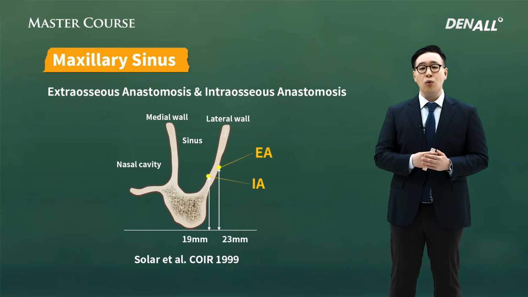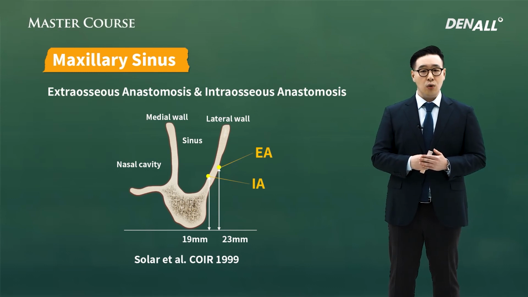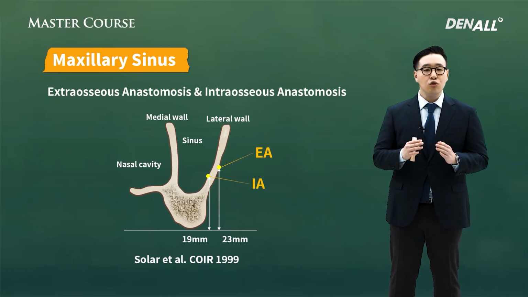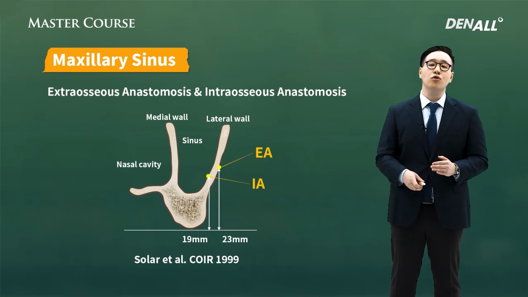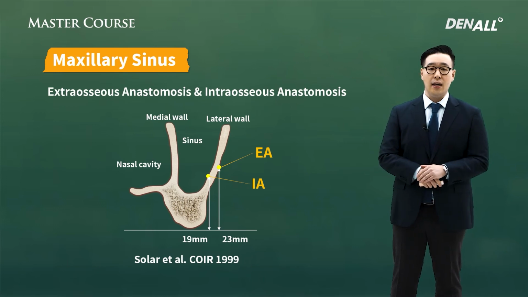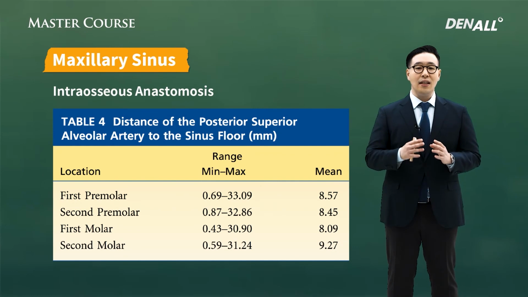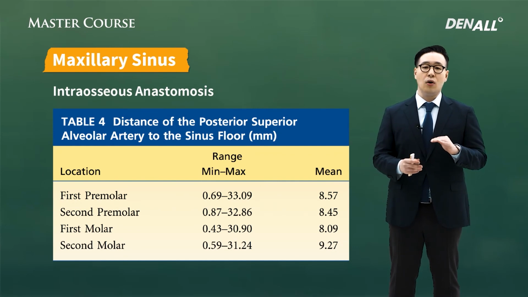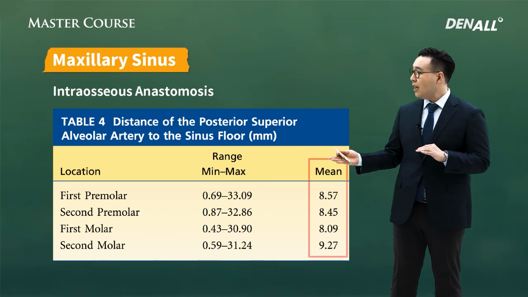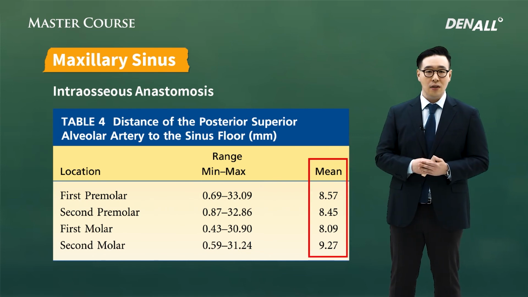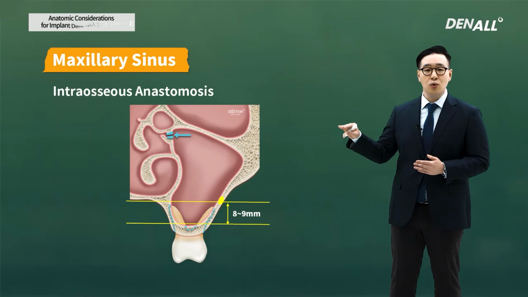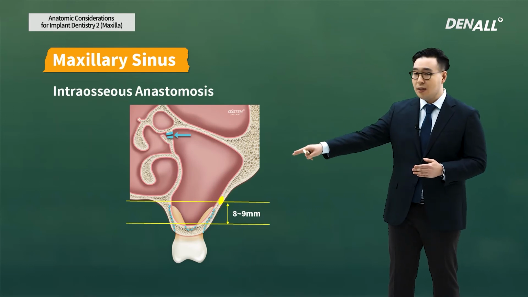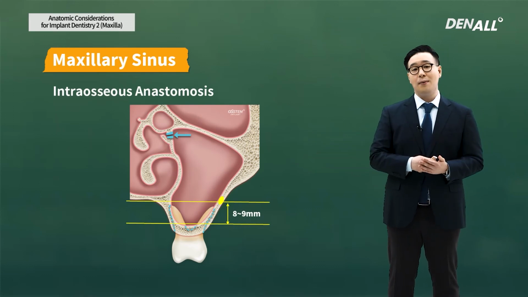But after extraction, bone is resorbed, changing the bone height, so the number becomes less credible. So, in the maxillary sinus, the distance from the inferior wall to the intraosseous anastomosis was measured in this journal literature. As a reference, you could think that you can meet a blood vessel at about 9 millimeters.